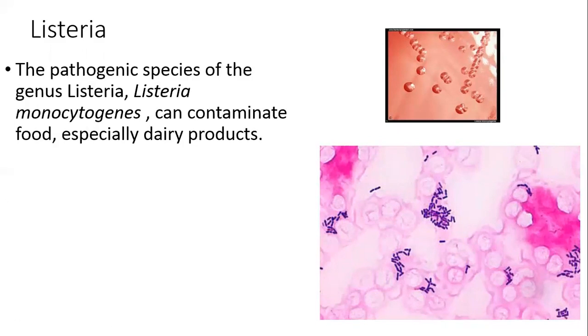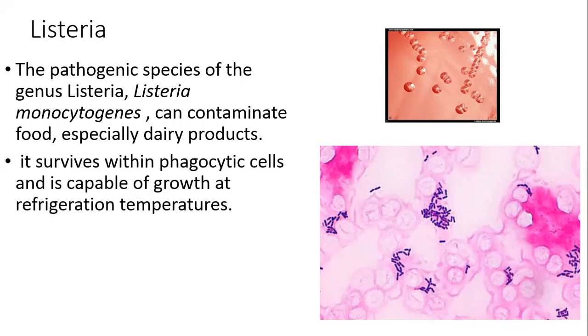It can contaminate your food and your dairy products, and interestingly, this organism is not only capable of surviving in phagocytic cells, but it can also grow at refrigeration temperatures. Since it can target your food and grow at refrigeration temperatures, it is one of the main reasons for spoiling food products kept in the refrigerator.